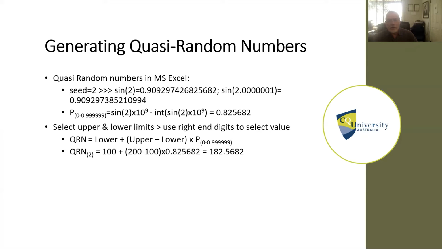If you want a decimal number, or a number between 1 and 100, as shown there, you simply set the upper and lower limits, and with a fairly simple equation and that proportioning factor, you end up generating your quasi-random number.